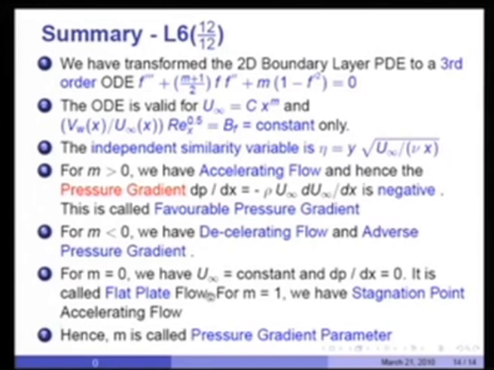For m equal to 0, we already noticed that u infinity is a constant and therefore the pressure gradient is 0. It is called the flat plate flow. For m equal to 1, we have a stagnation point flow, an accelerating flow, and overall we say m is a pressure gradient parameter. In the next lecture, I will show you how to solve these ordinary differential equations.